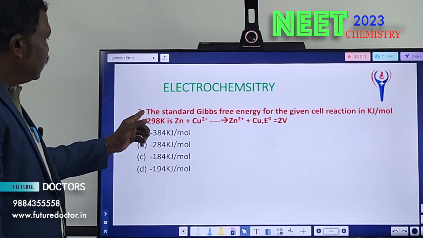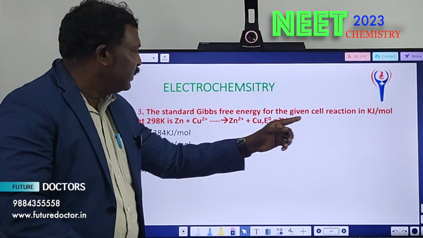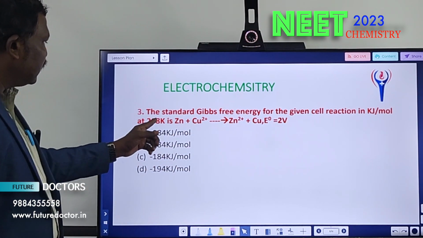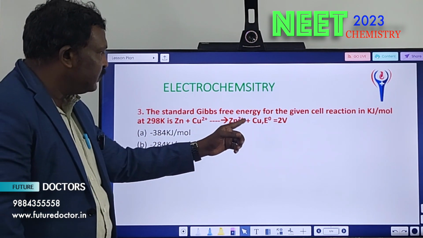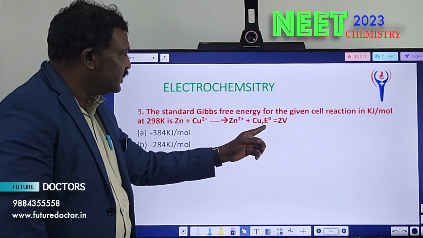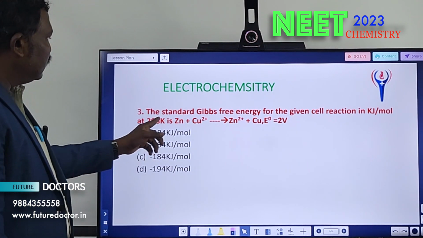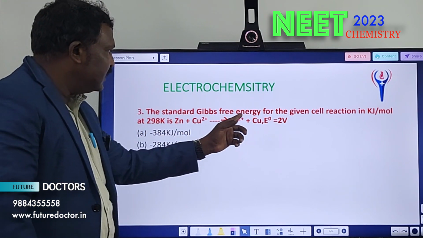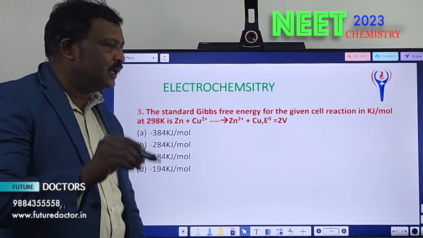Understood? Third one: the standard Gibbs free energy for the given cell reaction in kilojoule per mole at 298 Kelvin, zinc plus Cu2 plus gives Zn2 plus plus Cu. The standard electrode potential is equal to 2 volt. Here they are asking to find out the standard Gibbs free energy. We have one formula: delta G naught is equal to minus nFE naught.